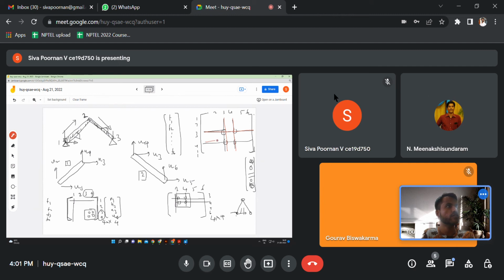Those are the only things where the displacements are not 0, 3 and 4, right? So take only 3-4 rows and 3-4 columns and consider that stiffness, and you take only F3 and F4. So F3, F4 is going to be related to K reduced, which is going to be these 4 numbers, to U3, U4. That's all.